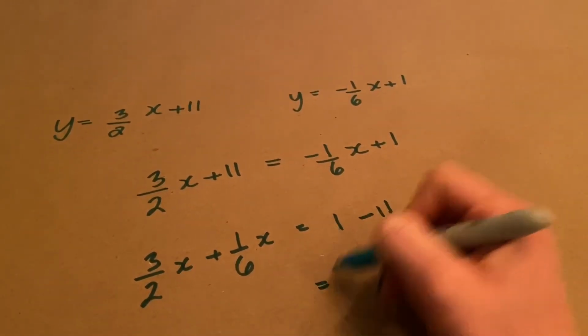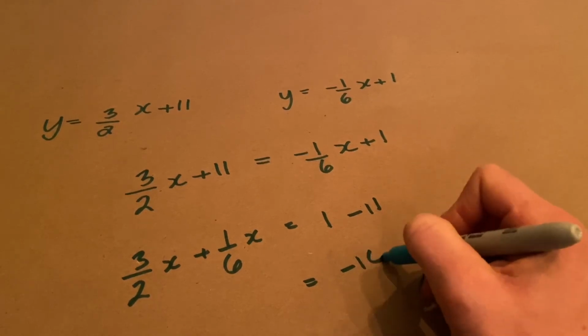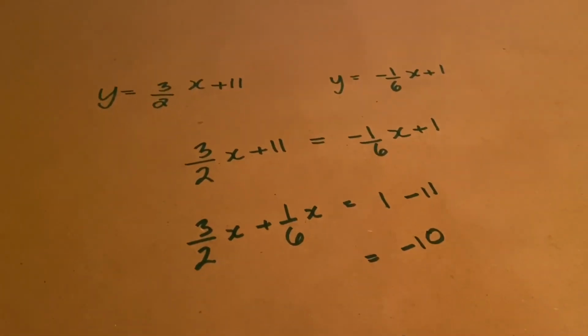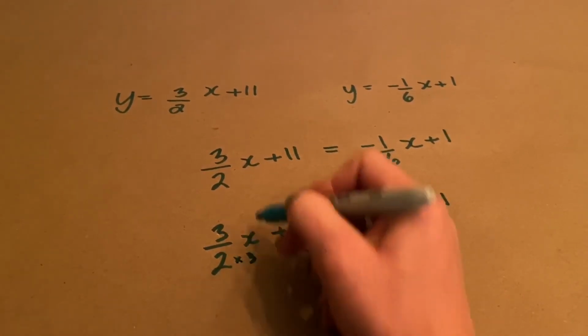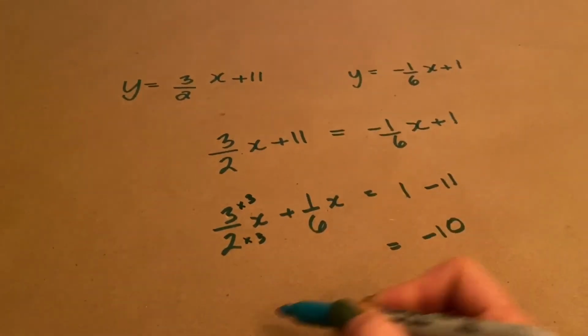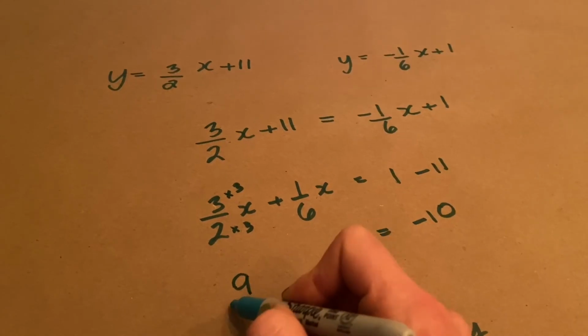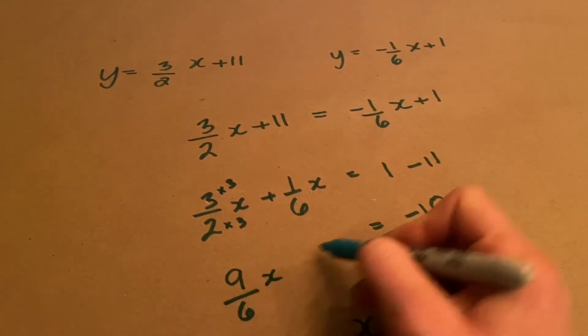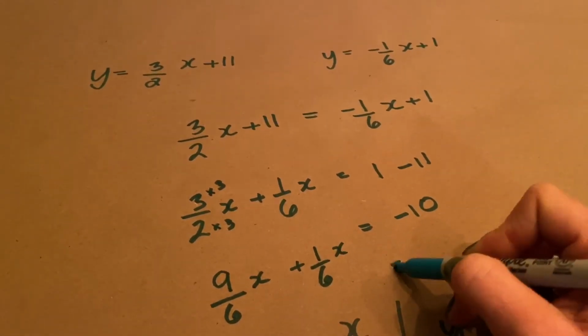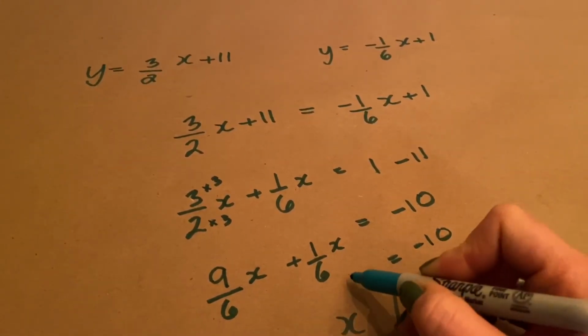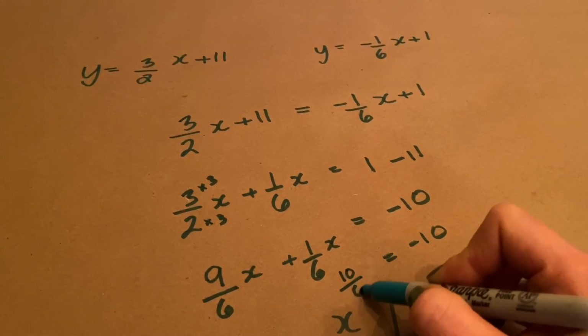So I end up with 1 minus 11 gives me minus 10. And here I need to have a common denominator. So I'm going to change this, times 3 times 3. So it gives me 9 over 6 x plus 1 over 6 x. And that means I have 10 over 6 x.